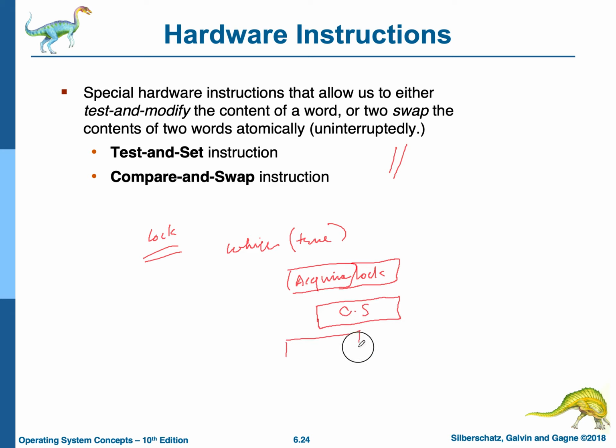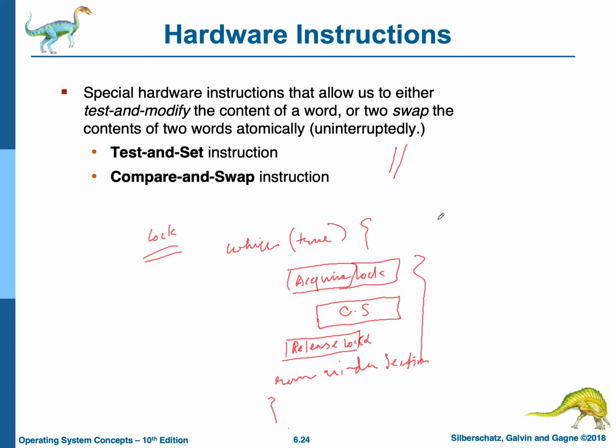When this critical section is over, then release the lock. This is also called the Mutex Lock. Okay, so the remainder section goes here. Okay, so this is actually an alternative approach.